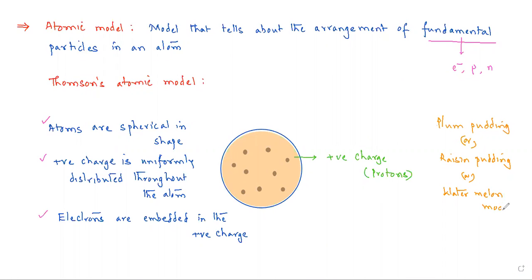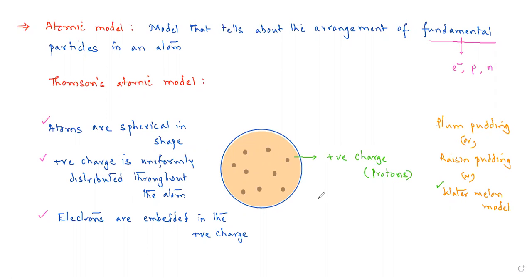watermelon model. It is just like the watermelon, isn't it? It is just like the watermelon in which the positive charge is thoroughly distributed and the seeds are just like electrons which are embedded in the positive charge, right?